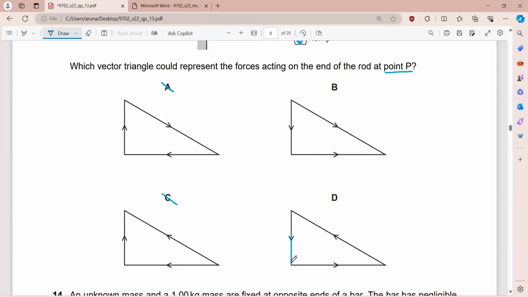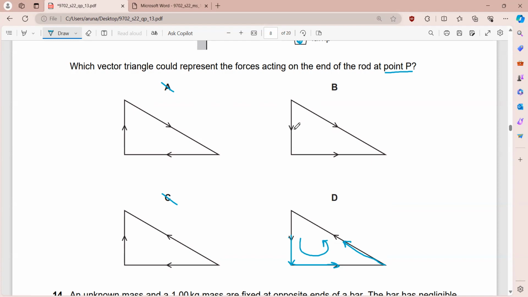So this is head to tail. You can connect it like this, head to tail. Makes sense. And then this is also head to tail. This is again head to tail. So it creates one full loop.